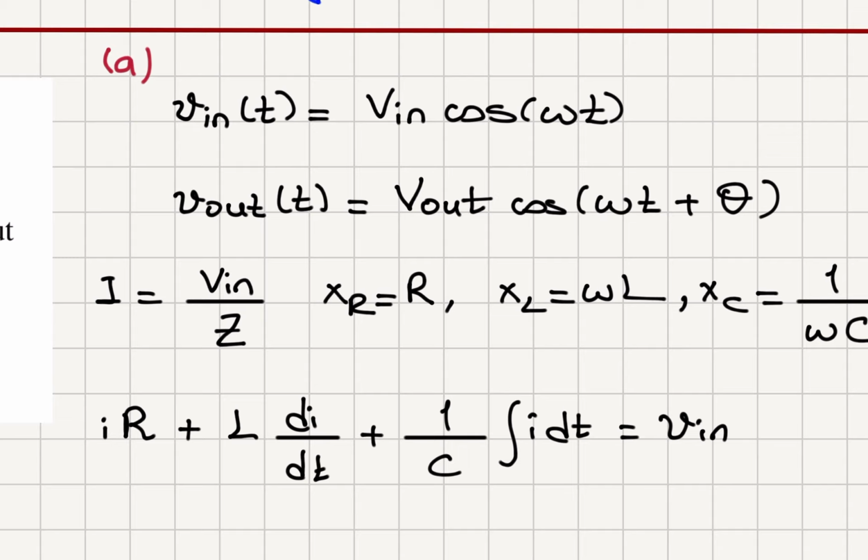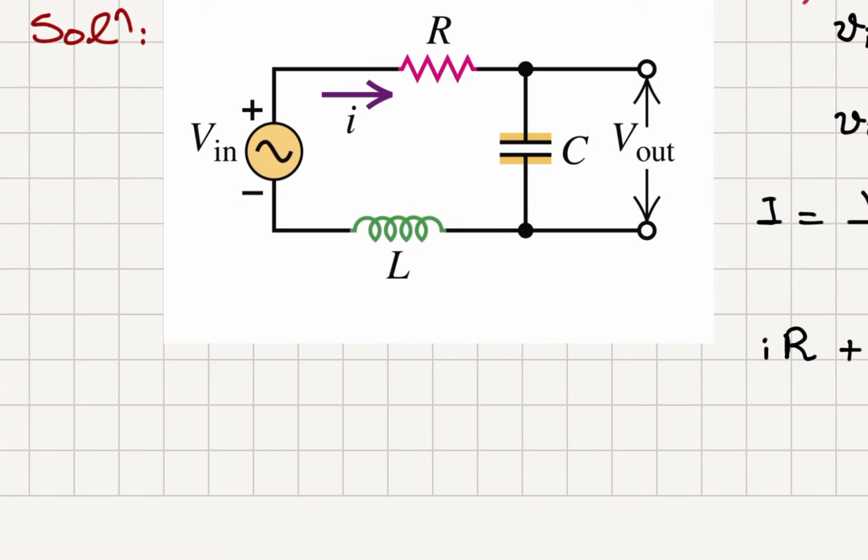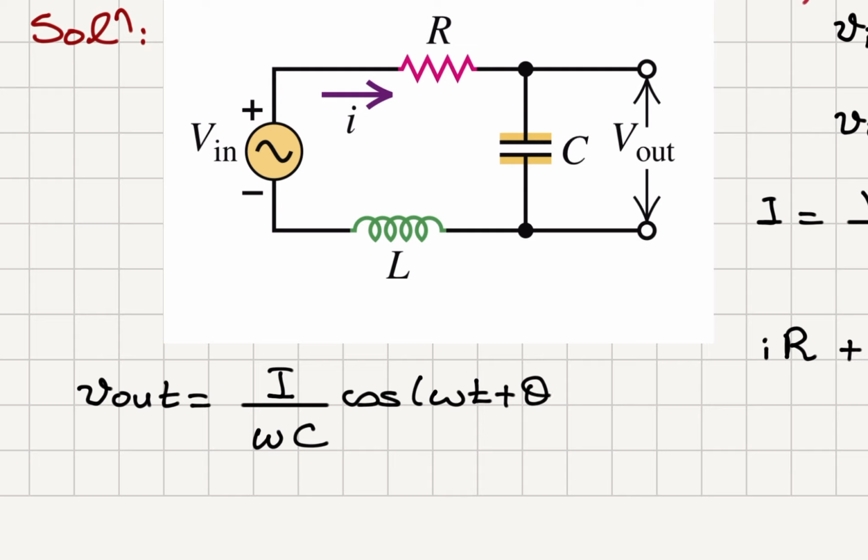the voltage phasor for the resistor voltage, that of the inductor voltage and the capacitor voltage, would add up to the input voltage phasor. And as a result, we are given that the output voltage Vout is the current amplitude I divided by omega C cosine omega t plus theta, which is equal to 1 over the capacitance integral I dt.